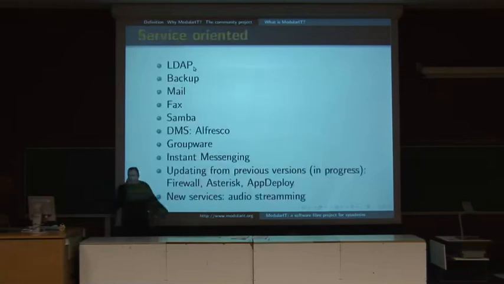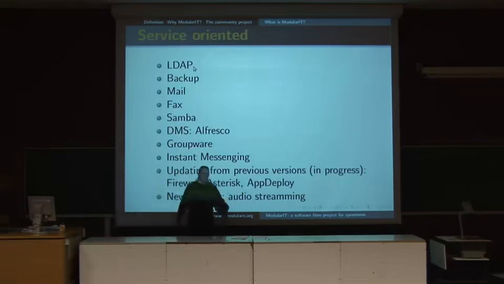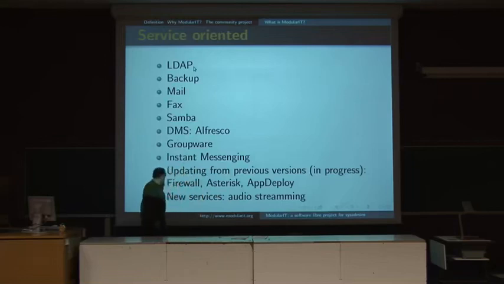And we have all these services. We are updating from previous versions of this architecture. The firewall, Asterisk and app deploy. This is a machine for deploying Windows clients, okay? And we are right now working on an audio streaming server. Some customers asked for it, so we're working on it. Of course, if you guys develop whatever application or you want to include any application in this architecture, it's perfectly possible.